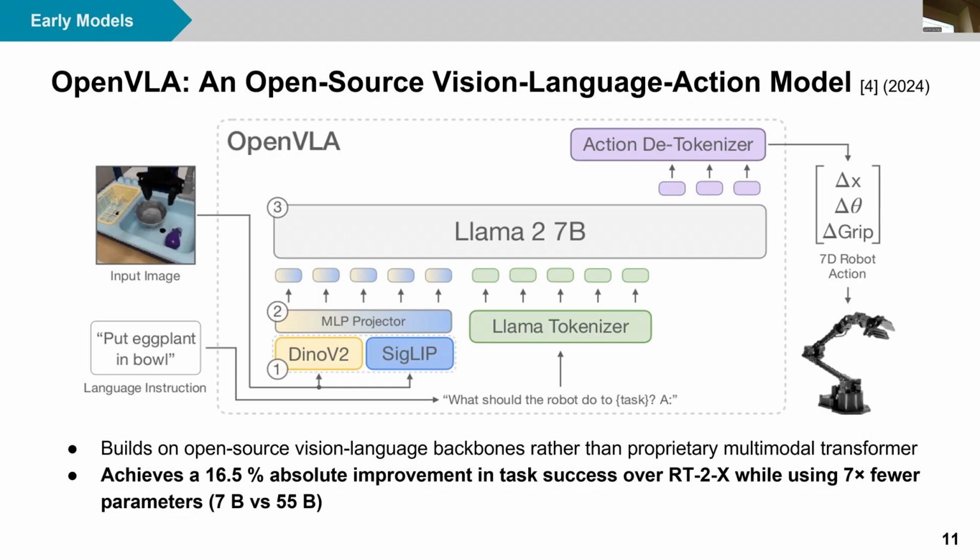And you might think, okay, well, what's the big deal? They just did what Google did, but actually they did it better. So they achieved a 16.5% absolute improvement in task success over the RT2 field of models, and they did it with fewer parameters. So they took it from a 55 billion parameter model to a 7 billion parameter model.